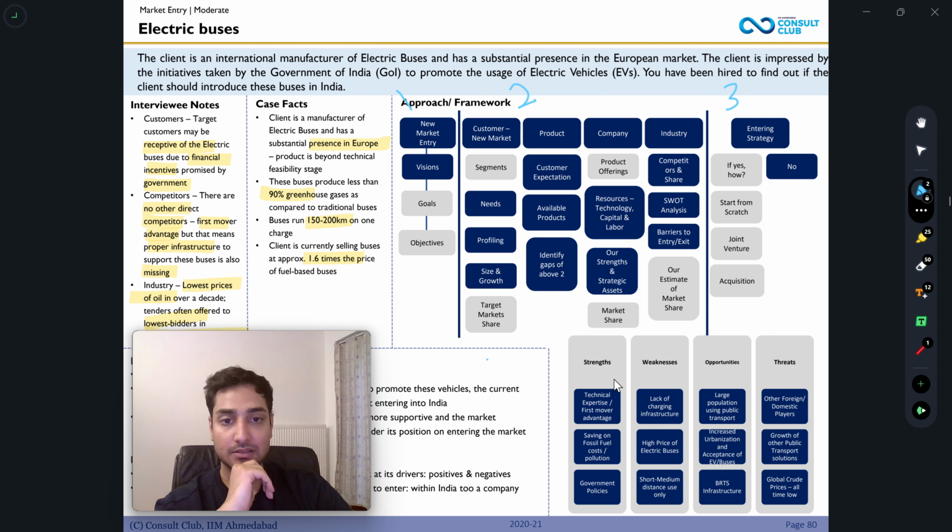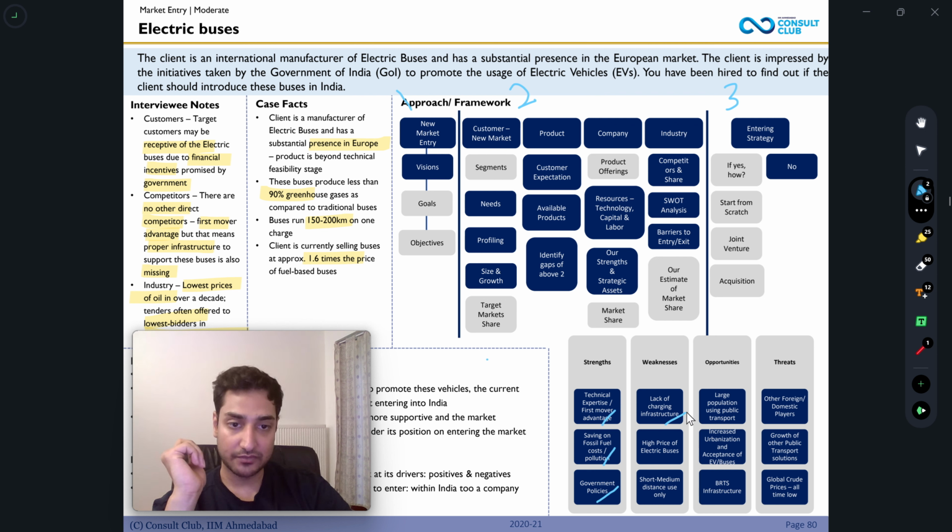In strengths, the company has technical expertise and first mover's advantage, saving on fossil fuel costs, less pollution, and government policies in our client's favor.